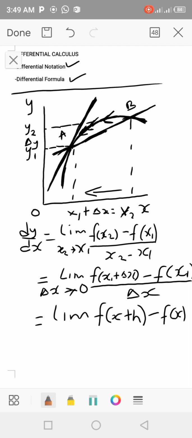So this is another way of expressing that formula, all over h. So h represents our change in x.